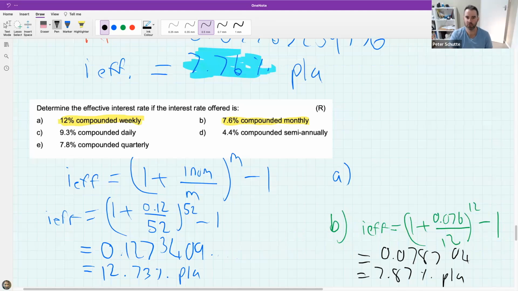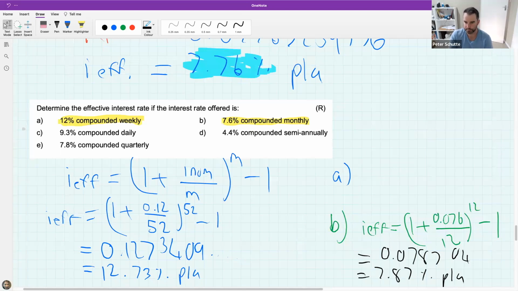Okay, now again, what you notice is it's a little bit higher than the 7.6% here, and here it's a little bit higher as well. And that's because you're chopping it up into smaller pieces.